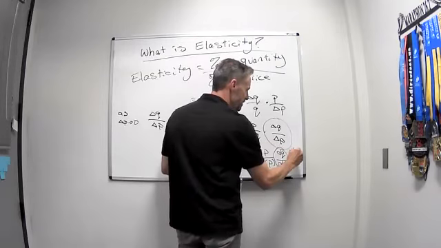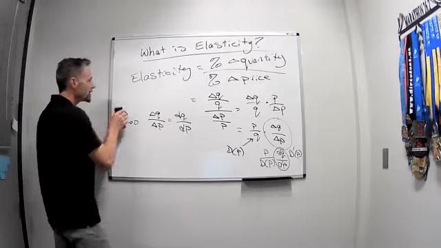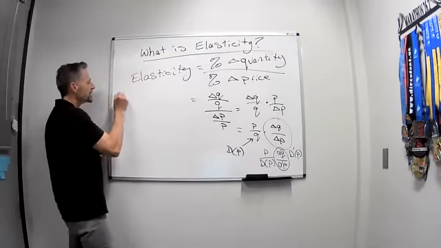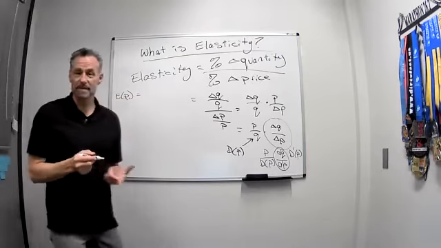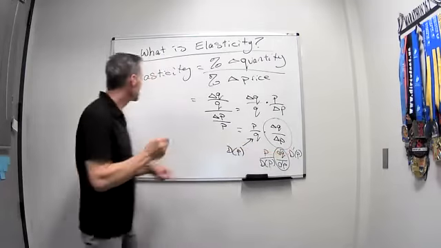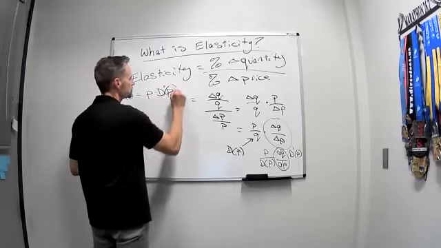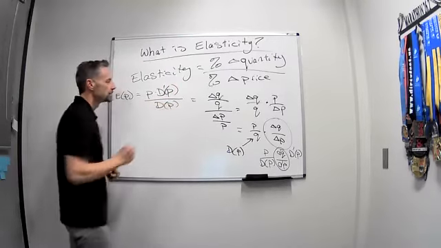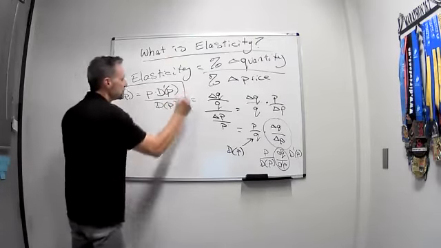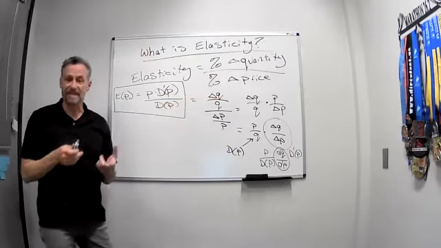This piece is D prime of P. And so if we put all that together, what we end up with is my elasticity, we'll call it E of P, P being the price, is P times D prime of P all over the original demand function D of P. That's our formula. That's literally what the percent change in quantity over percent change in price gives us.